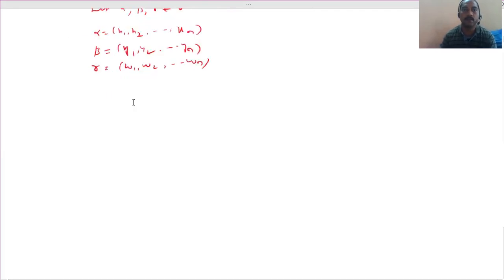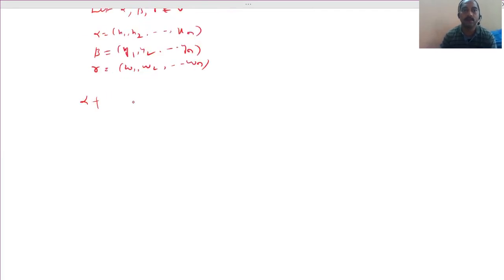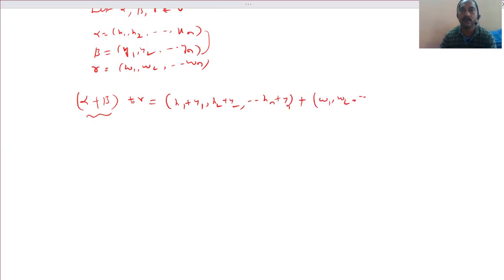Now we want to show that (alpha plus beta) plus gamma equals alpha plus (beta plus gamma). First, evaluate within the braces: (x1 plus y1, x2 plus y2, and so on up to xn plus yn). This is the braces value. Write down gamma as it is: w1, w2, and so on up to wn.